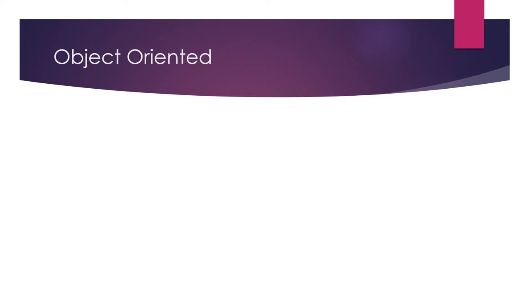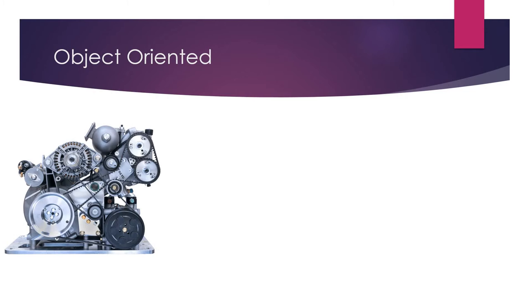To understand it in very simple layman's terms, the goal of this programming paradigm is to model the real world objects in programming itself. And what are objects? They are nothing but what we see in our day-to-day life.